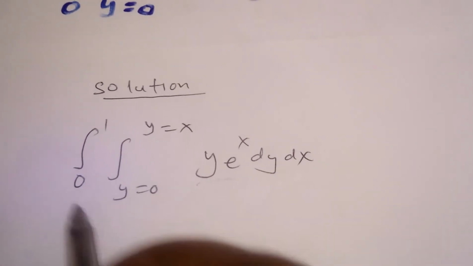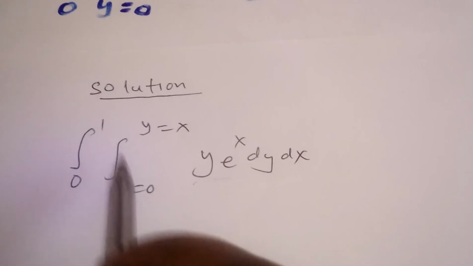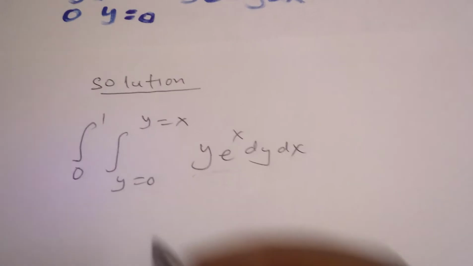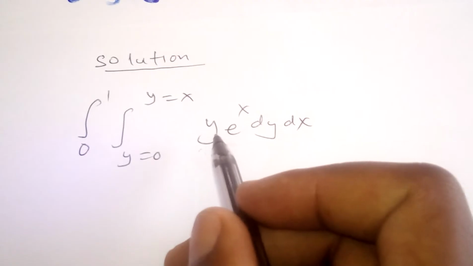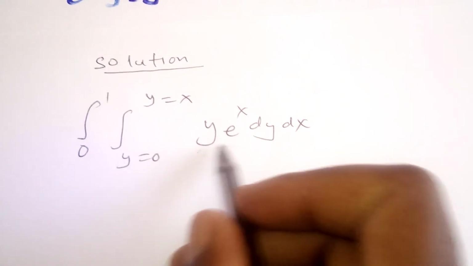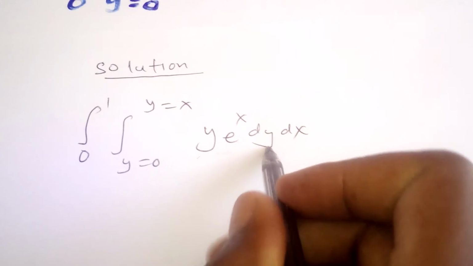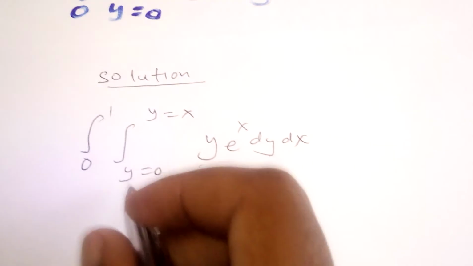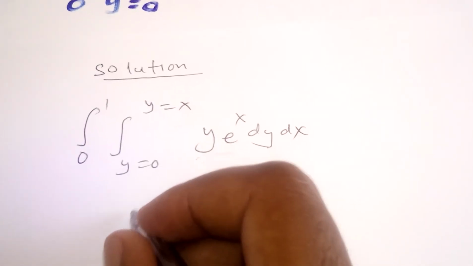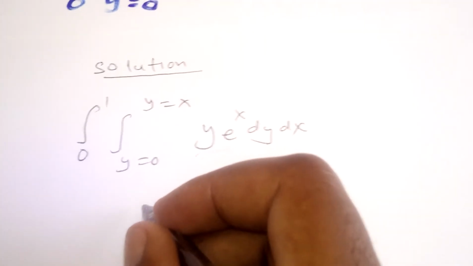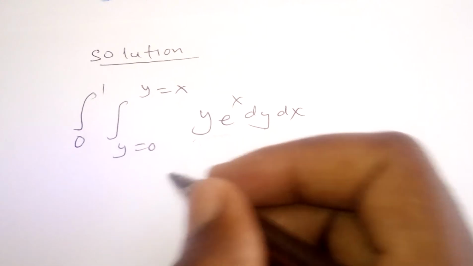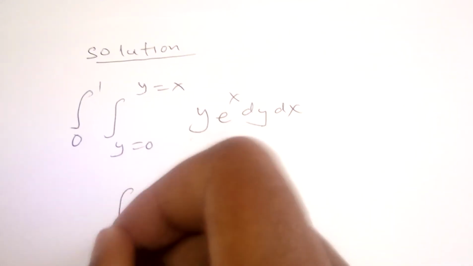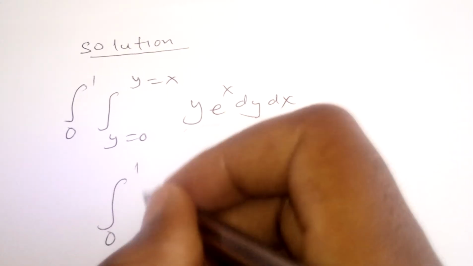Then eventually we are going to substitute the limits of integration and see what the answer will be equal to. So we are going to say integral of y e to power x with respect to y. x will be treated as a constant in that case, or any other function from the y standpoint, it will be a constant.